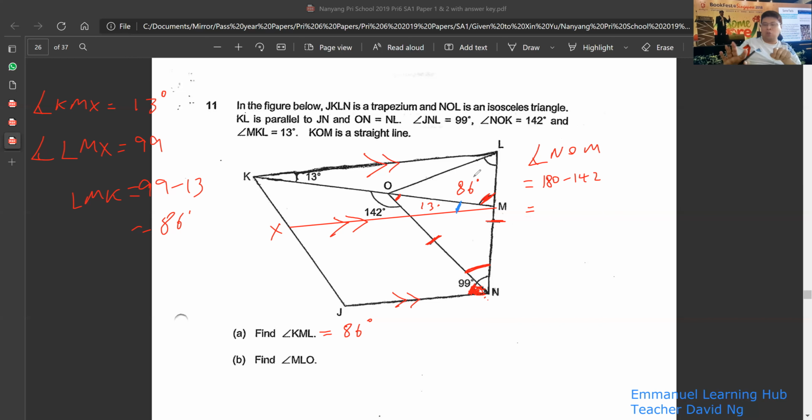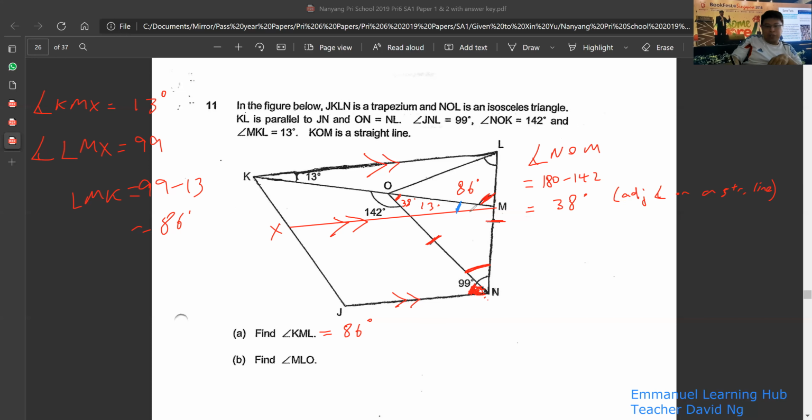So 180 minus 142 is 38. So this angle here is 38 degrees.